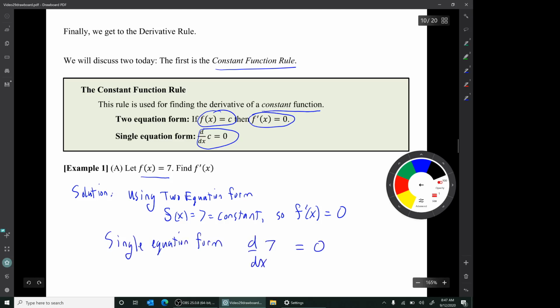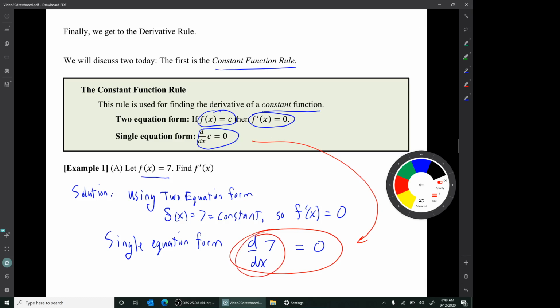So there is the single equation form. Notice that on the left I have d over dx of 7. On the right, I don't have a d over dx symbol. I just have the number 0. So this whole symbol stands for the result of finding the derivative of 7, and the result is the number 0.